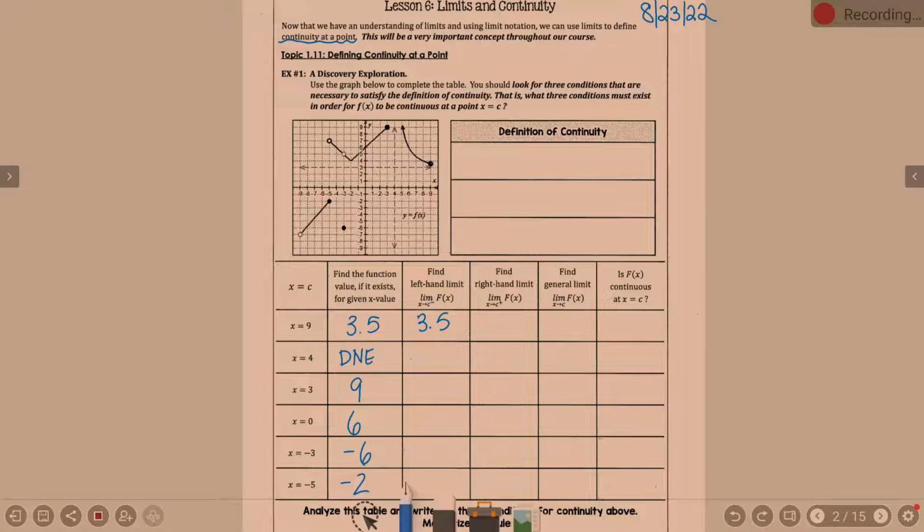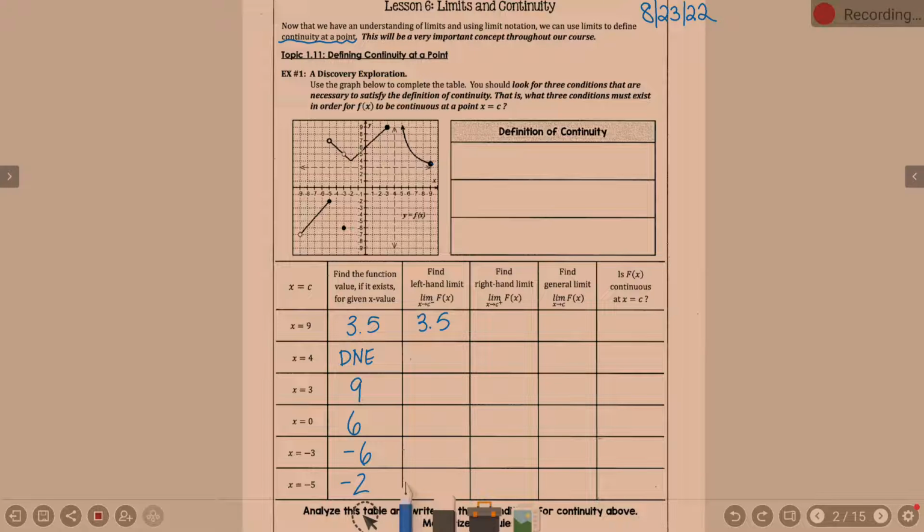What about as x approaches 4 from the left? I'll be honest, I hadn't seen this exactly done this way. As we approach 4 from the left, does my graph approach 4 fully? It stops at 3, doesn't it? Does it ever approach 4?